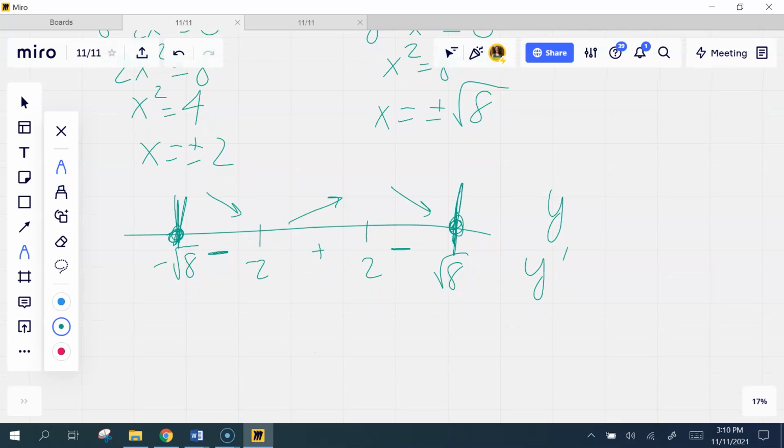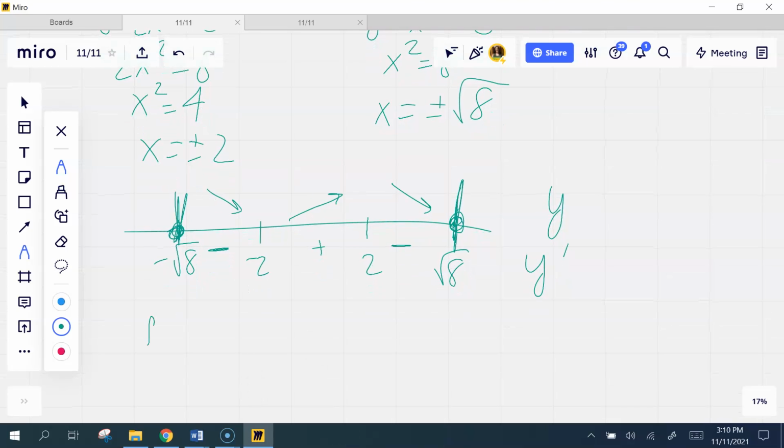Well, actually, I'm going to have to test these points. I will test f of negative root 8, f of negative 2, f of 2, and f of the square root of 8. Just for the sake of example, because of time restrictions, I've got my calculator plugged in to y equals, and I'm going to go into my table.